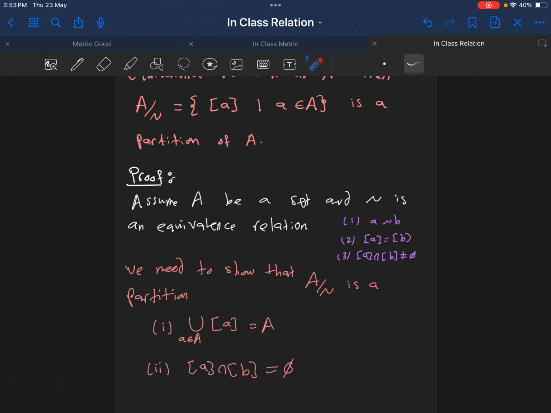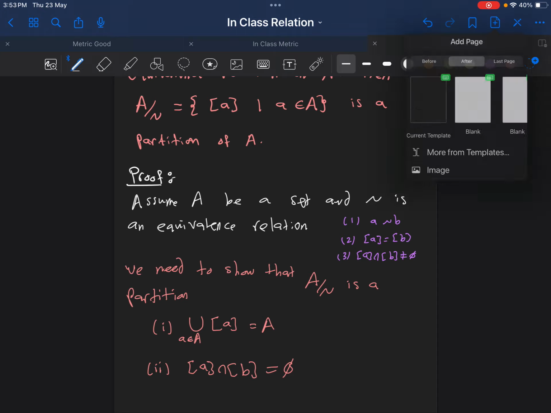Well, the second one is easy because if they are different equivalence classes, it means they are not the same. We know that by number 3 here, it will be empty. So we need only to focus on the first one.